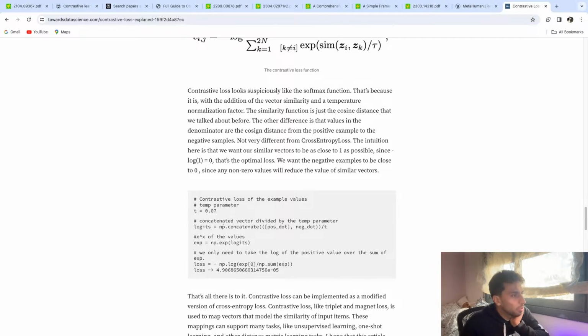So contrastive loss of the example values, with some temperature, we concatenate the vectors. We concatenate the vectors again, and we are dividing by the temperature.